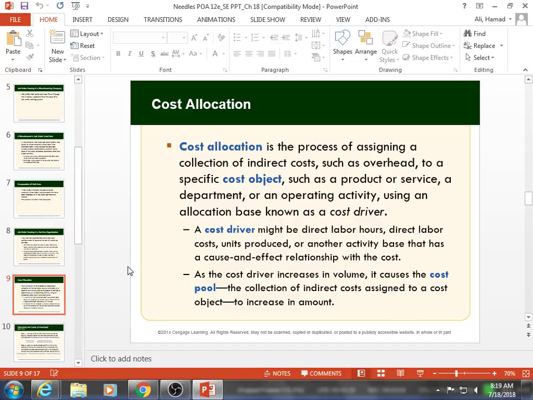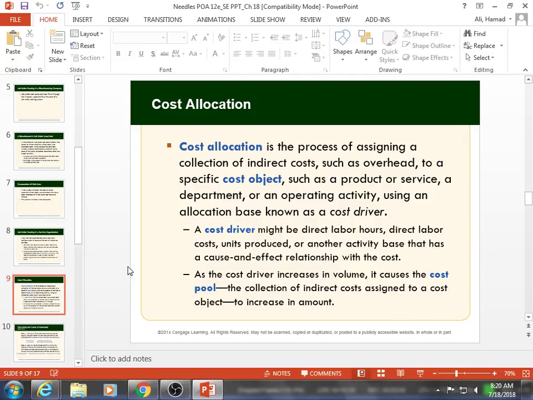Cost allocation is the process of assigning a collection of indirect costs, such as overhead, to specific cost objects. Material can be a cost object, labor can be a cost object, an employee is a cost object, the whole department is a cost object, the whole company is a cost object.